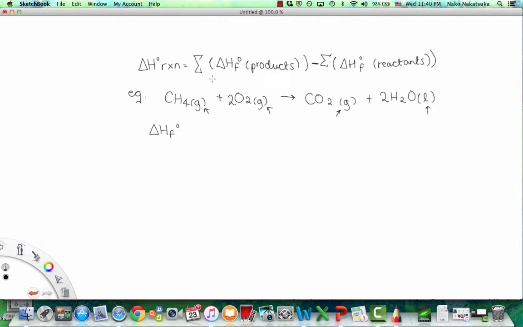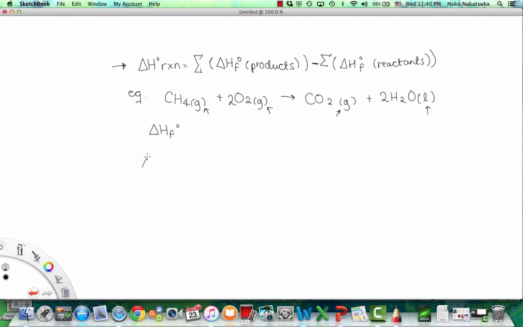Now using this equation, let's figure out what the delta H of the reaction is. You can get the values of the delta H of formation of each of these individual components from a table in the back of your textbook.